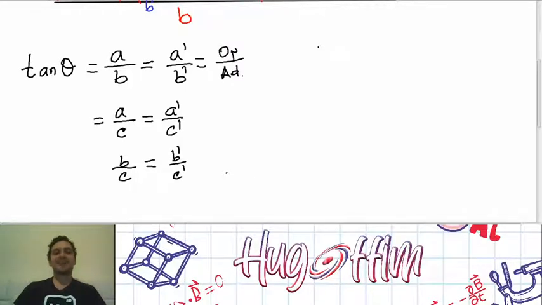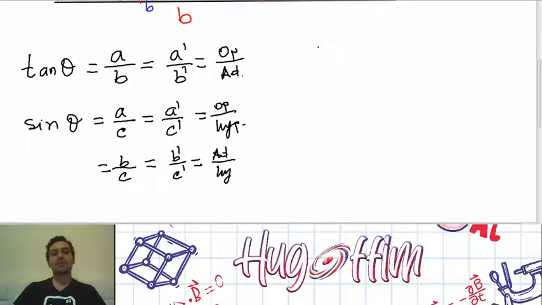The opposite leg over the hypotenuse is the sine of the angle. And the adjacent leg over the hypotenuse is the cosine of the angle. And these are the main trigonometric ratios.